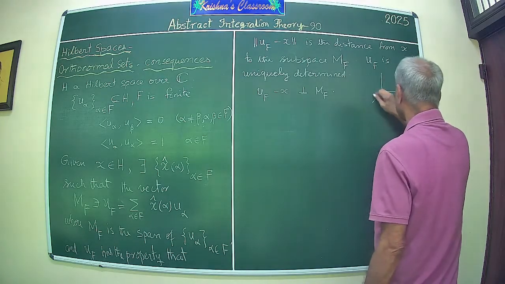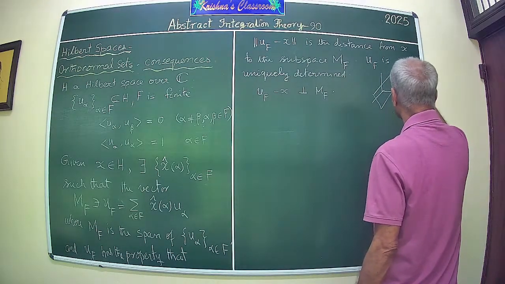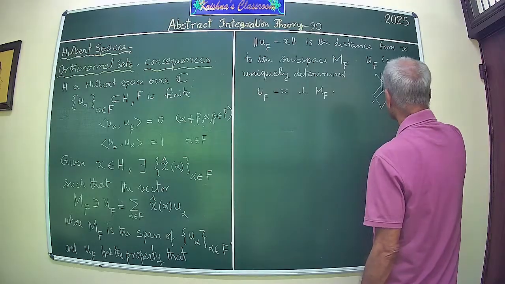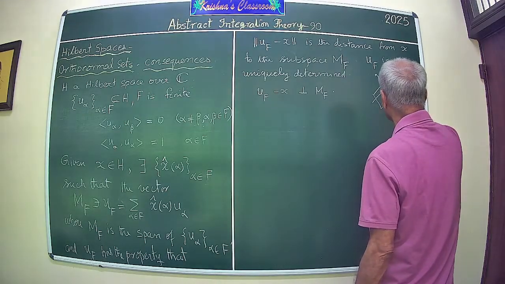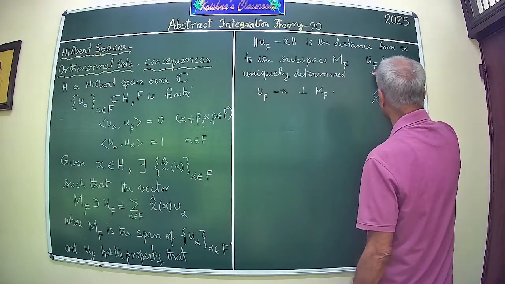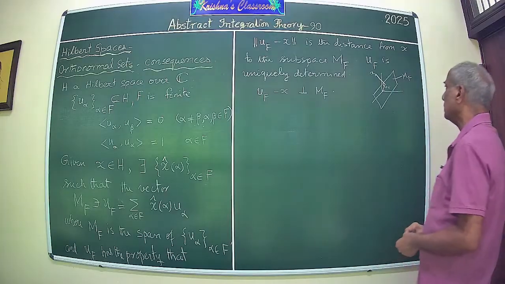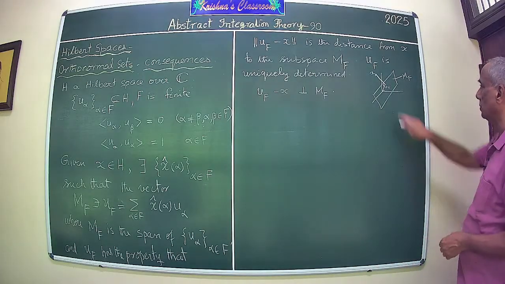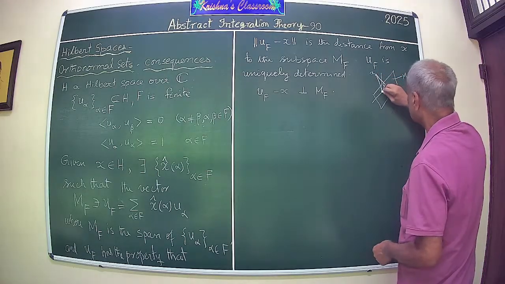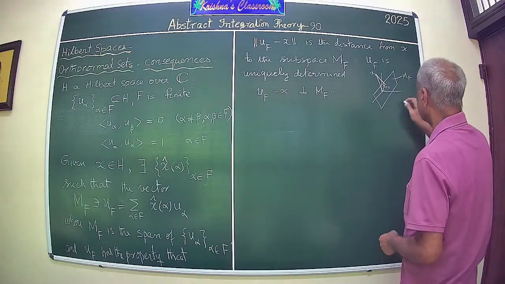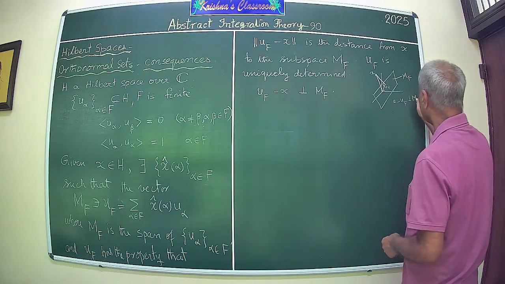So this is the scenario that you have. I'm just giving an x. This is M_F. You take an x, and you have a vector u_F. This is x. So that this is the orthogonal x minus u_F, which is the vector corresponding to this. X minus u_F is orthogonal to M_F.